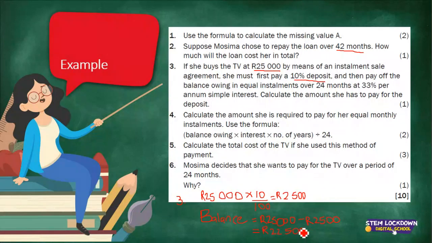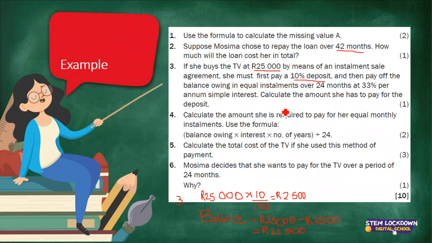So this balance, we're told that it must be paid in equal installments over 24 months at 33% simple interest, right? So obviously that means you must add 33%, and then you divide it by 24 months.